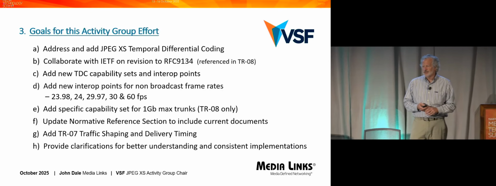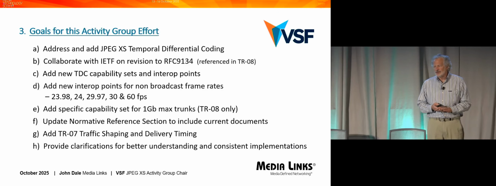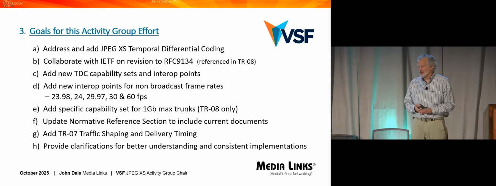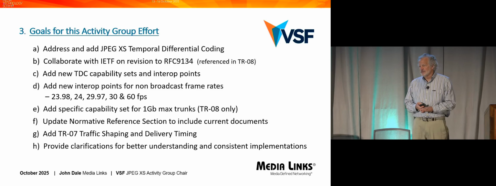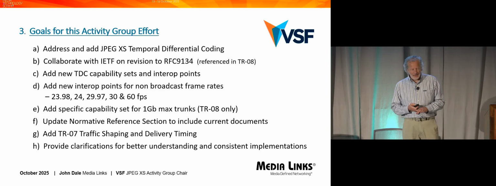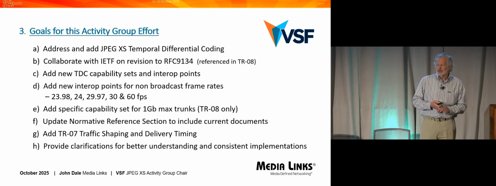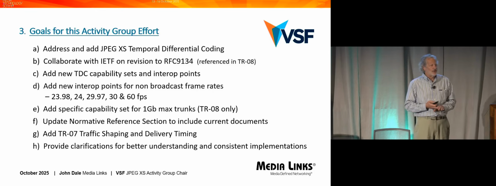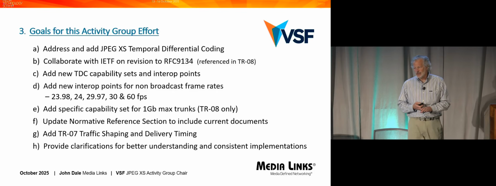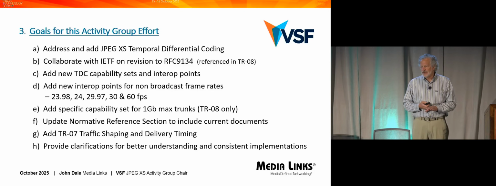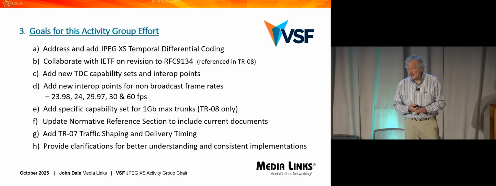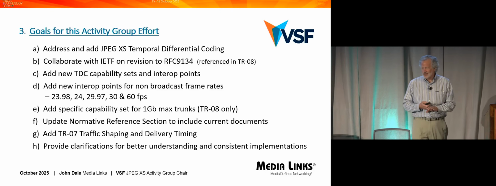So goals for the activity group, as I mentioned, JPEG XS temporal differential coding, which is a new capability, is going to be added. In TR-08, it's based on RFC 9134. So we are working with the IETF on that revision. That revision was in vote for adoption over the last 2 or 3 weeks, I believe.